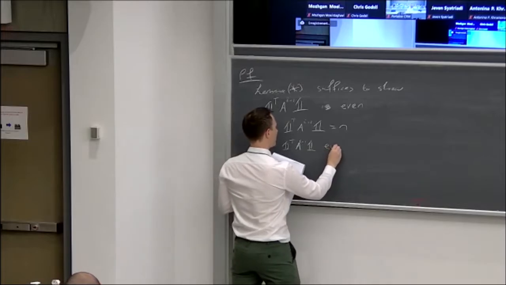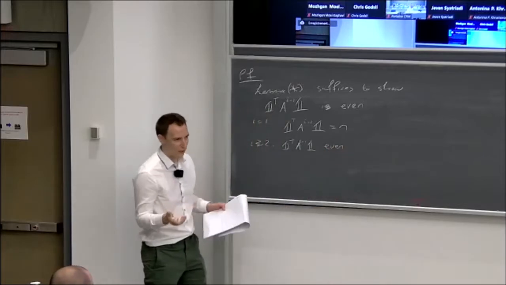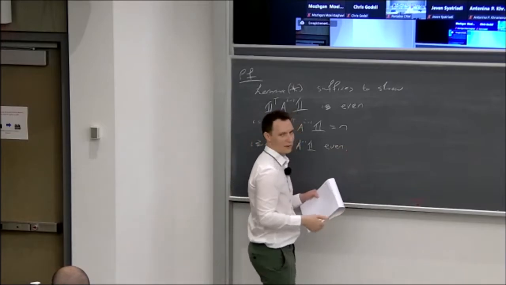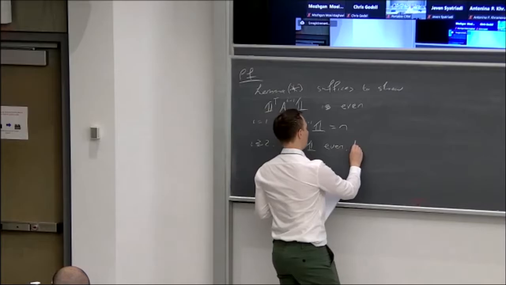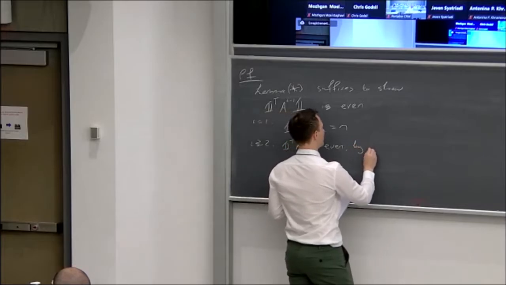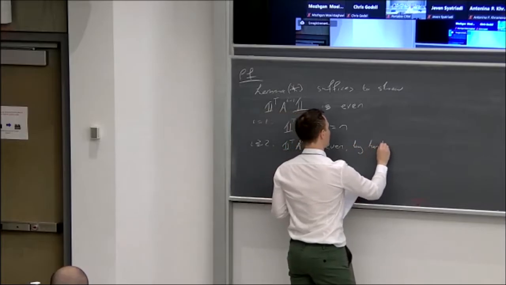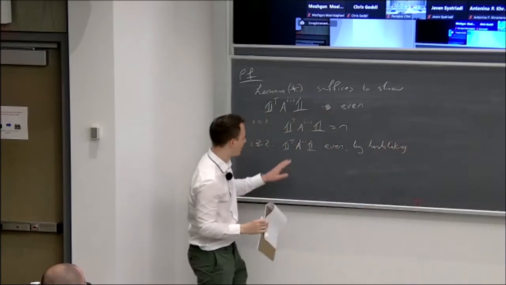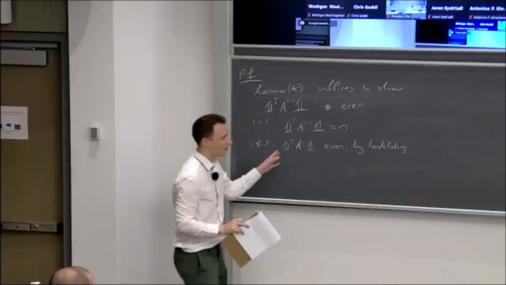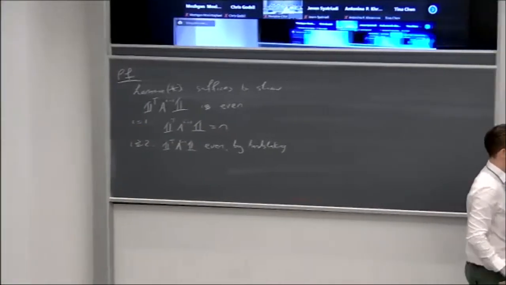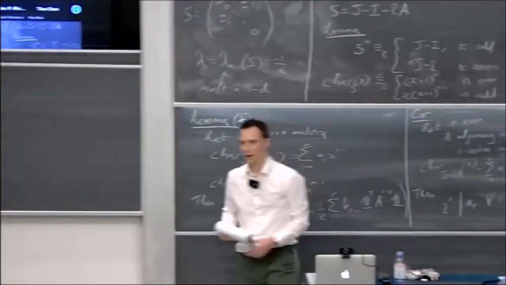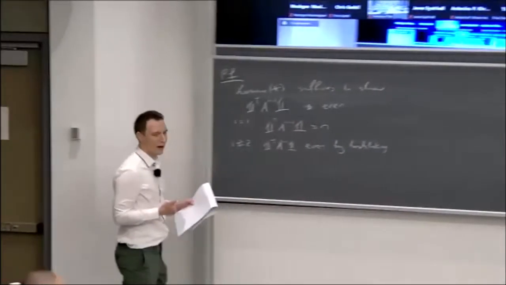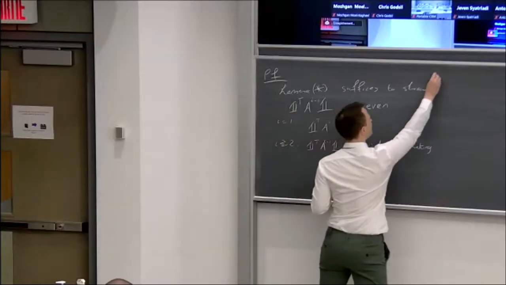This is even, and you can prove this in a few ways, but my recent favorite way to do it is by some handshaking arguments. If you just shake your hands enough, you'll eventually realize this is even. And so therefore we have this corollary that 2 to the r divides a sub r for all of the coefficients. And this is already enough to prove something very useful.